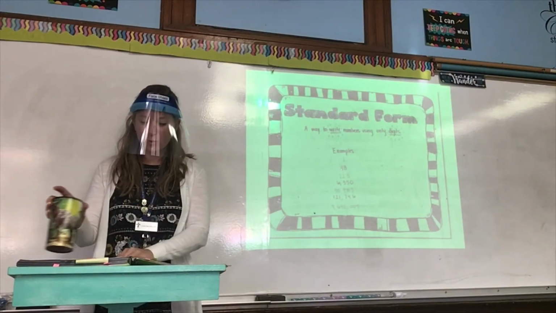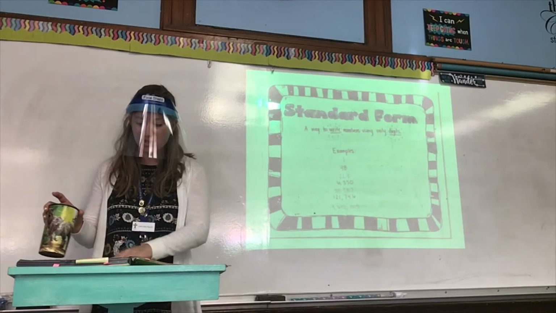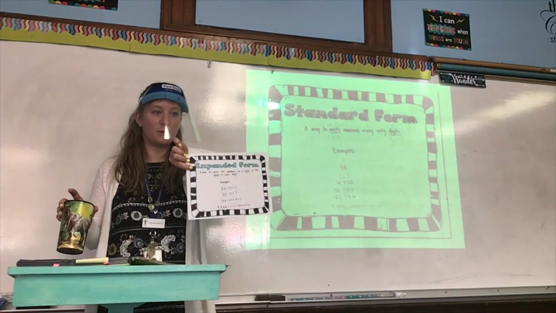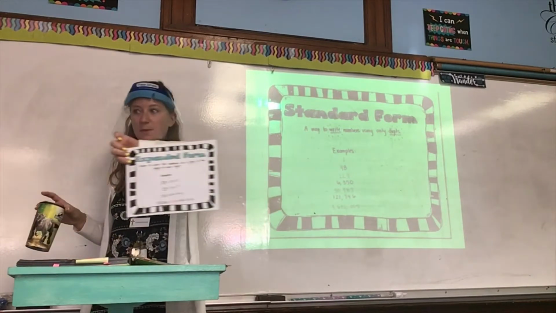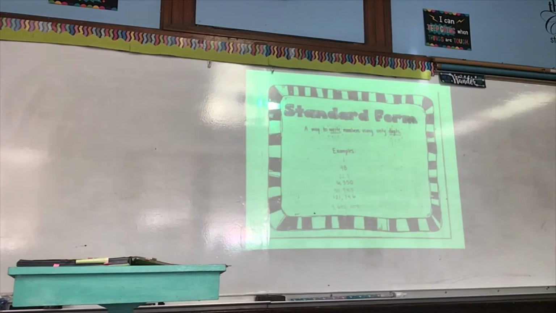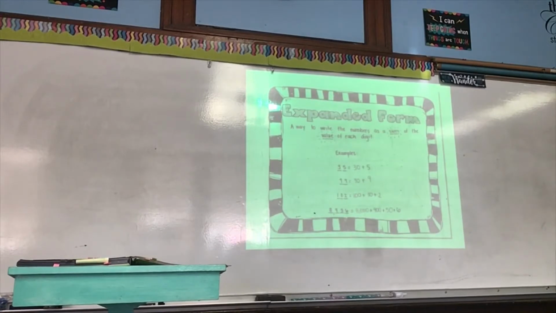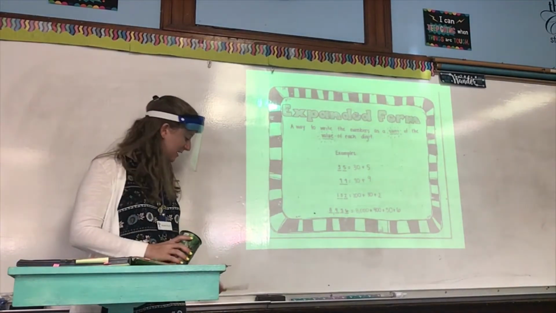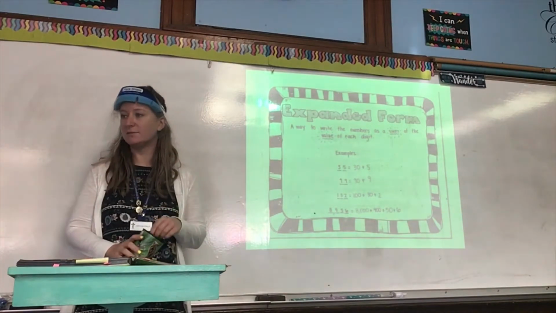I'm going to go change. While I'm changing the page, look at the sheet that says expanded form. So make sure to turn to the page that says expanded form. Okay, so what is expanded form, Victoria?